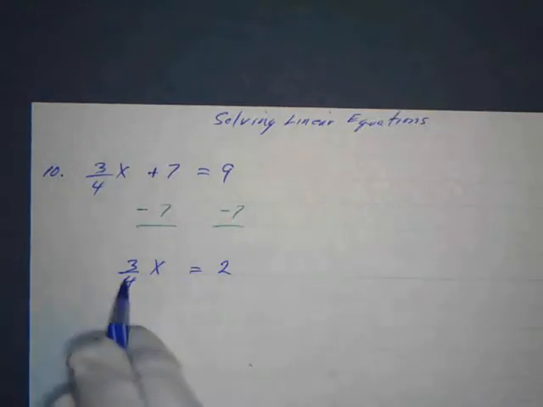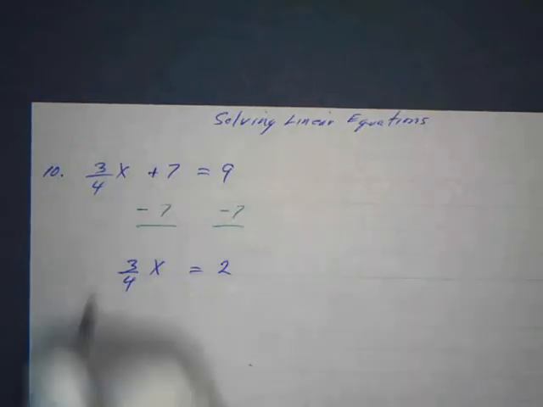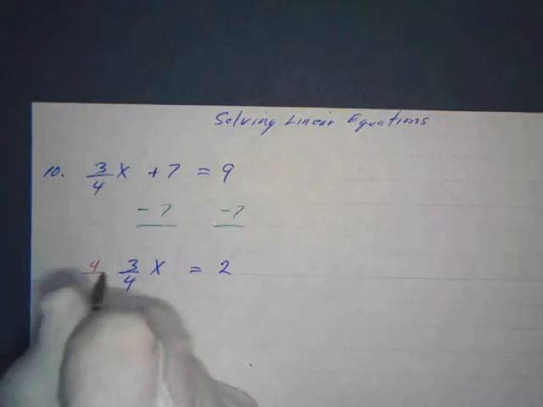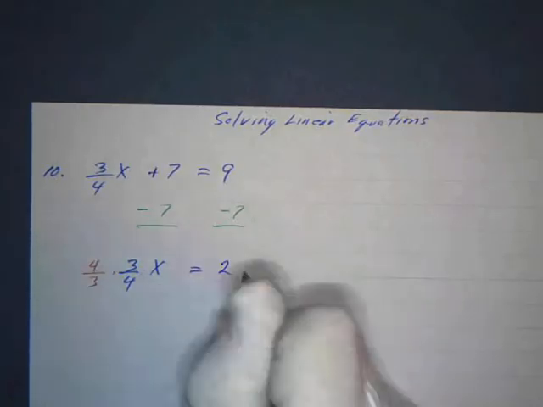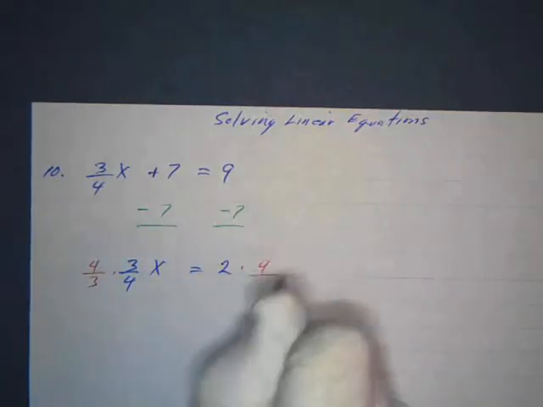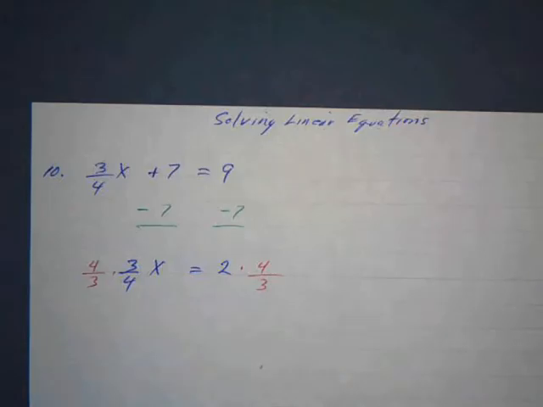And then I'm going to use the reciprocal, so I'll multiply both sides by 4/3. And again, you can see what I do to the left, I'm doing to the right. And 4 over 4 is 1, 3 over 3 is 1, or 4 times 3 is 12, 3 times 4 is 12, 12 over 12 is 1. Either way, you get 1x.